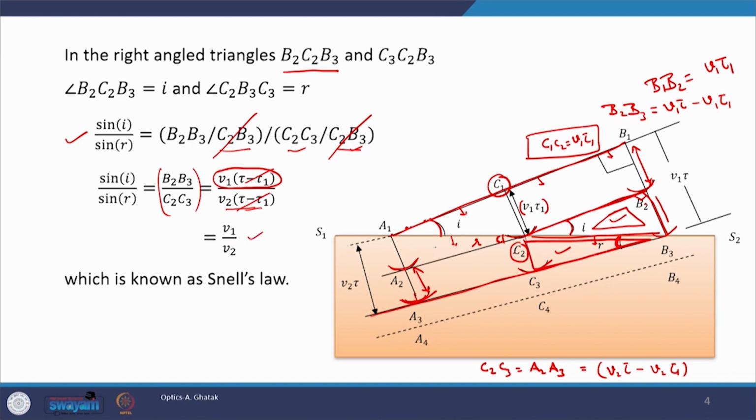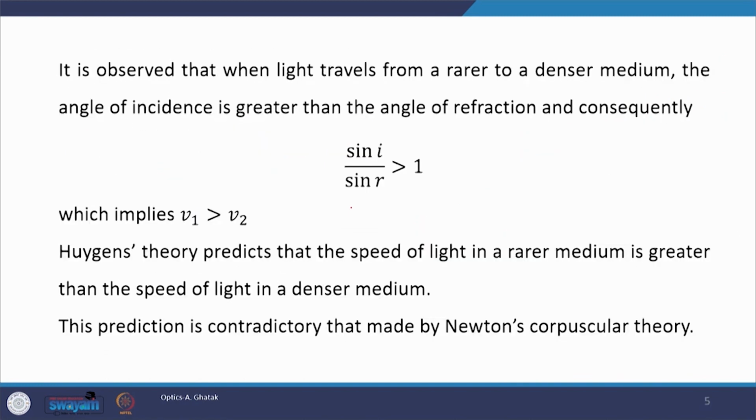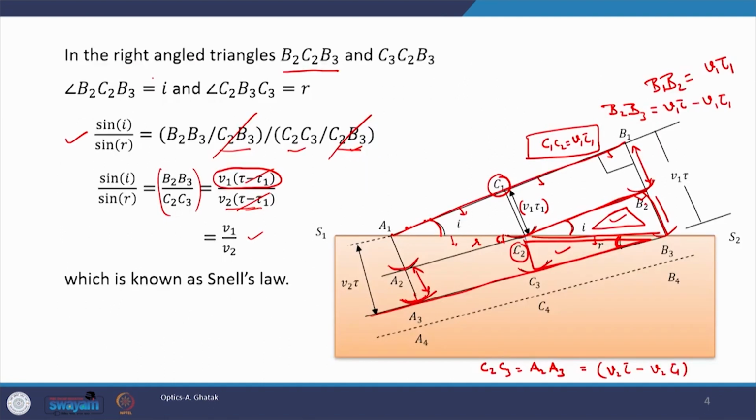Now, in the figure itself, you can see that this is a denser medium, we assume that it is denser, and this is a rarer medium. Then what will happen?